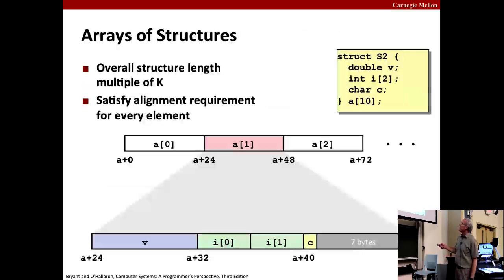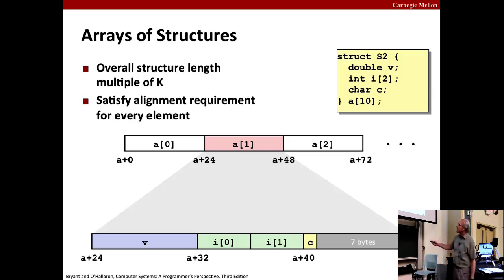And the reasoning for that is, imagine I had an array of these structs in particular. Then if I can ensure that this array address is a multiple of 8, you can see that each successive element of this array, each of these structs, is a multiple of 8.